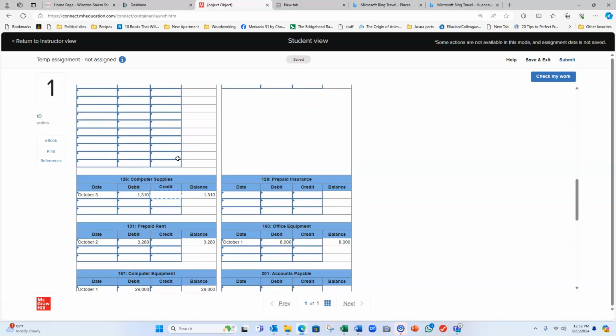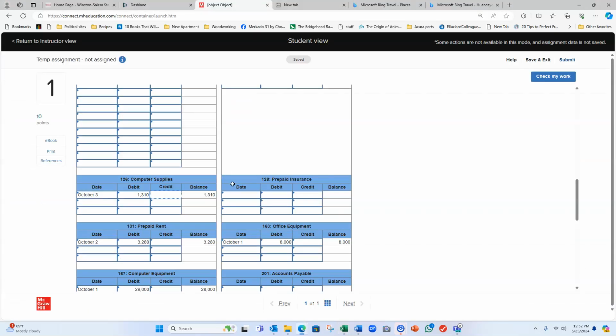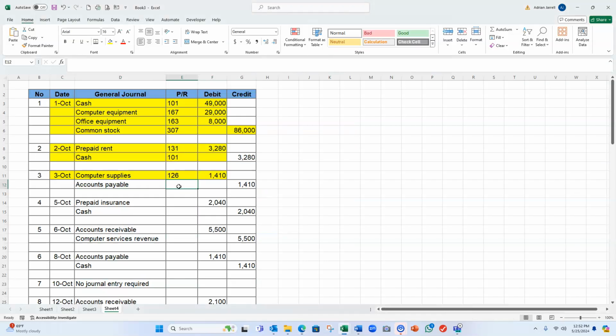Prepaid rent is 131. Let me just go ahead and put that in. All right, so we've got this one done. Accounts payable will start with a 2, 1410 on the 3rd. And a credit, 201. That's the last thing you do, is record that account number.